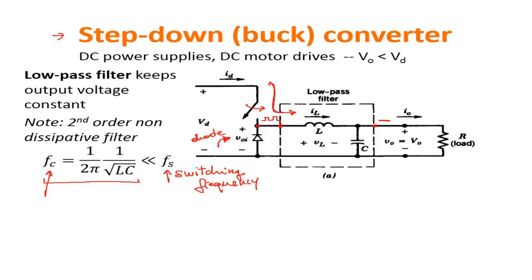When you move the switch off, the inductor is inertial with respect to the current, so it continues to draw current, and draws current from the diode because the switch is off. So in order to draw current from the diode, it puts the voltage on this node to minus V gamma, so almost 0, and puts the diode in conduction in order to continue to draw the current. So when the switch is on, this voltage is VD and the diode is off. When the switch is off, this voltage is practically 0, actually minus V gamma, and the diode is on.